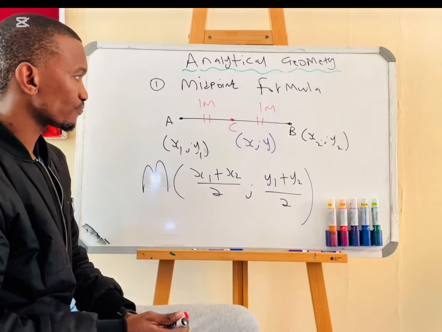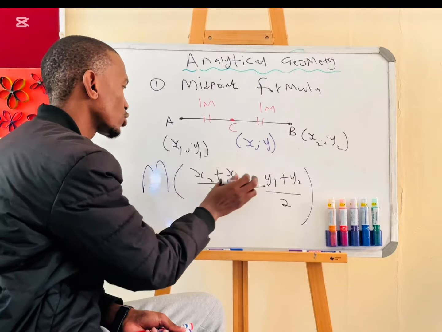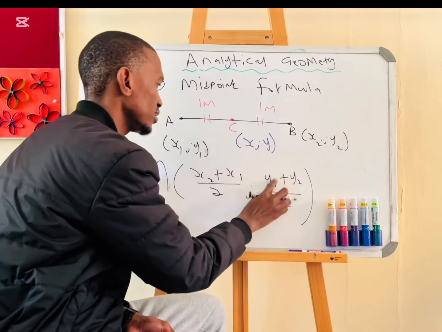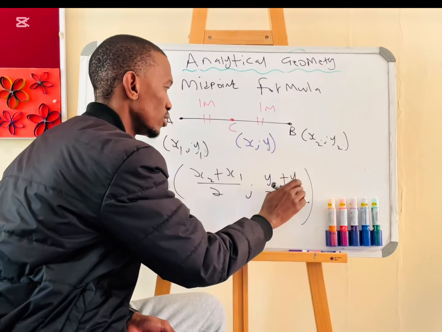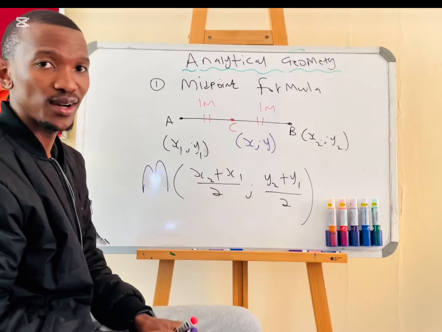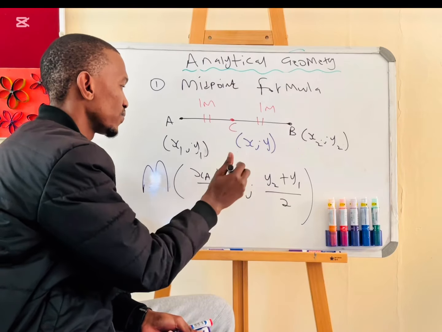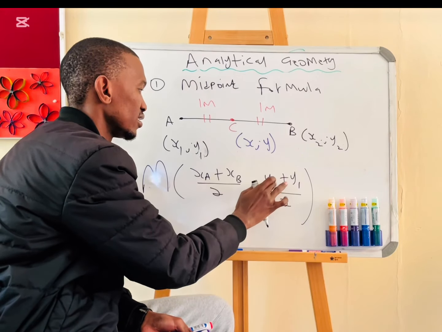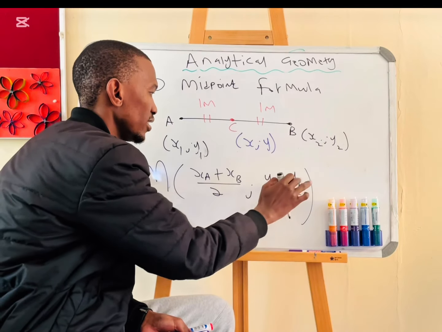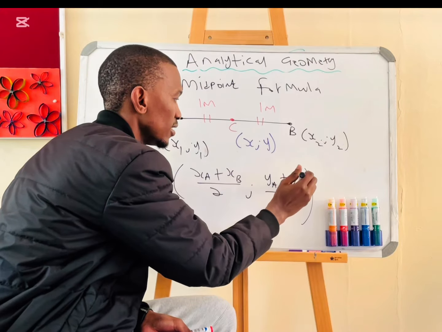Number 2. Am I allowed to also say x2 plus x1, y2 plus y1? Yes, you're still allowed. Don't worry. Am I still allowed to say xA plus xB, yA plus yB?